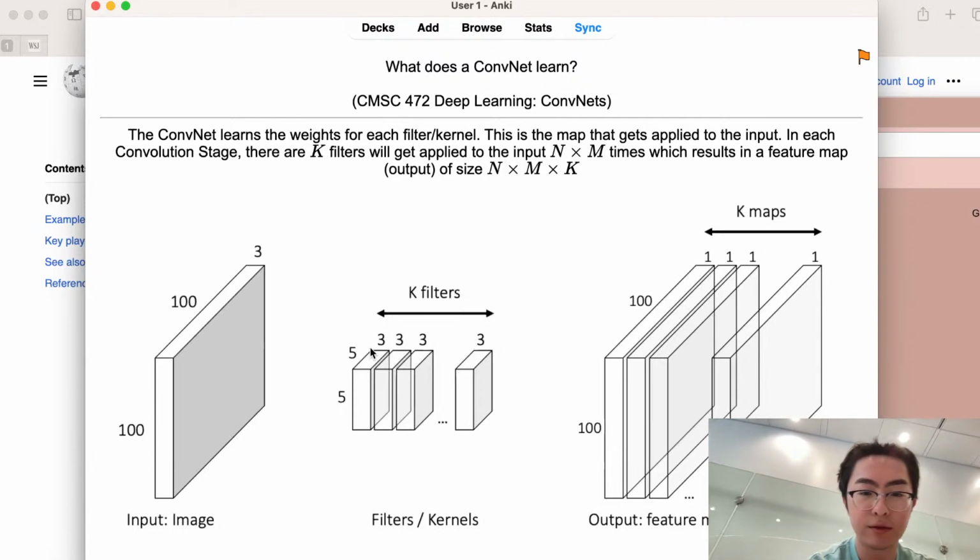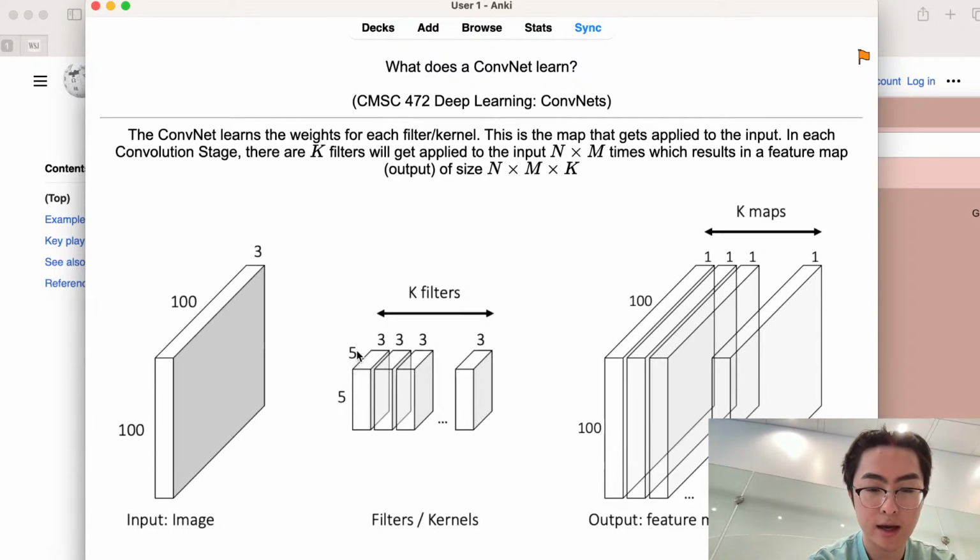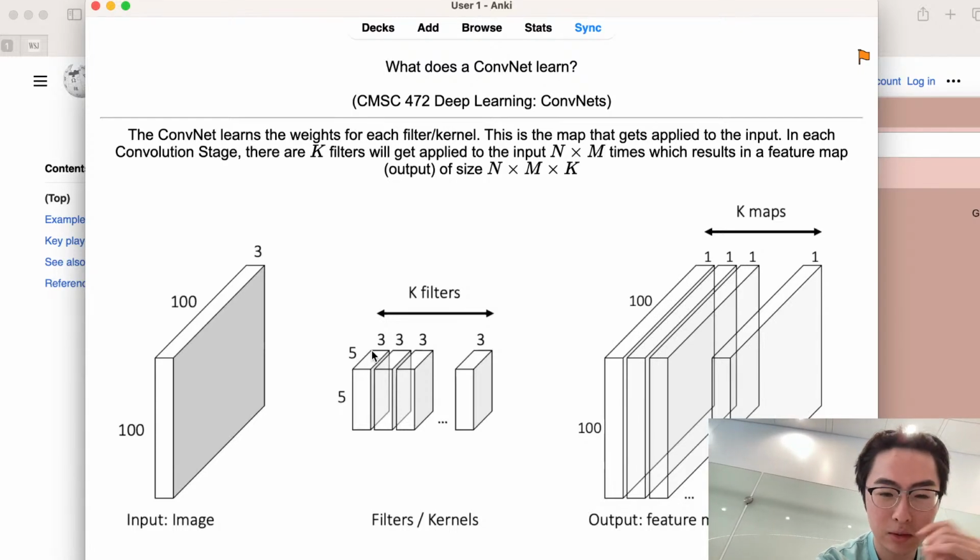Okay, so the filters themselves are n by m by, we'll call this c, where c is the number of channels.